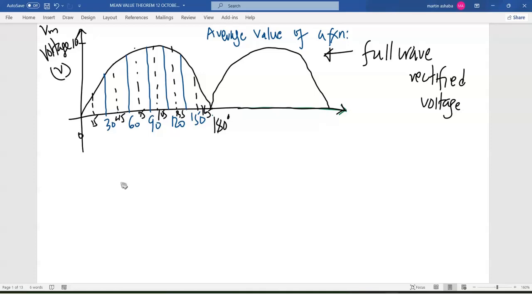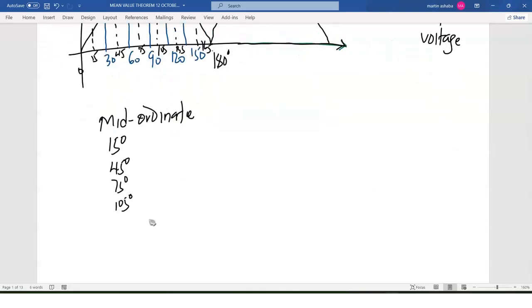So I can put my values in a table of the mid-ordinates: 15 degrees, 45 degrees, 75 degrees, 105 degrees, 135 degrees, 165 degrees.